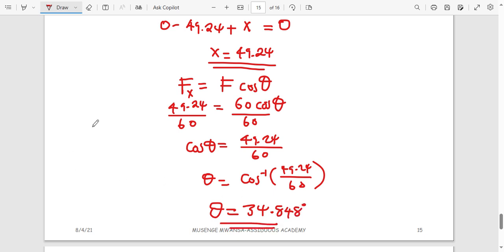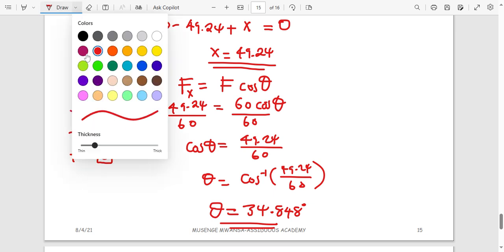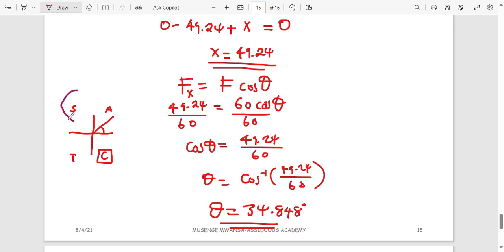But look, in which quadrant is this angle? It is in the first quadrant. From your CAST rule, remember, All Students Take Coffee. Because we are dealing with cos here, the other quadrant where cos is positive is the fourth quadrant. The way we find angles in the second quadrant is 180 minus the angle you found in the first quadrant. In the third quadrant, you simply say 180 plus that same angle.